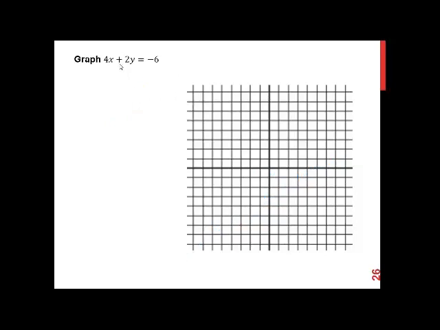Alright, this one is not yet in slope-intercept form. I can't just say the slope is 4, because that's not true. I need it to be y equals something before I can pick out the slope and the y-intercept. So what I'm going to do is subtract 4x from both sides to get it away from the y. That gives us 2y equals -4x minus 6.